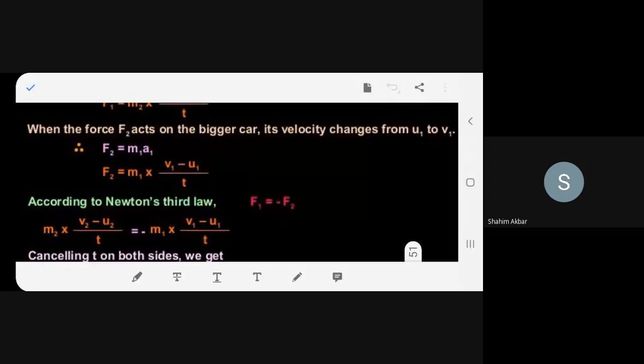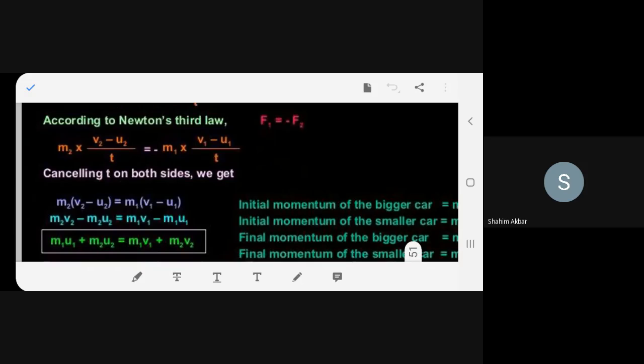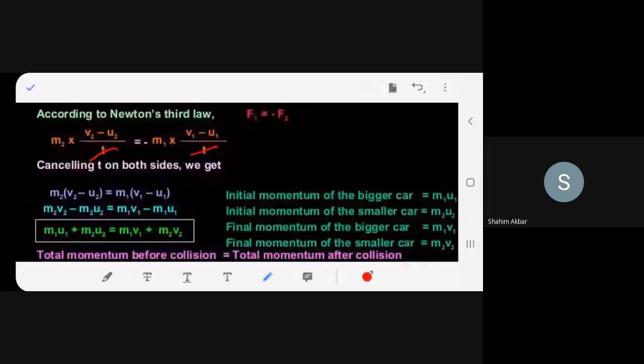They are equal, but in opposite direction, so it has to be with a minus sign. You just equate both of them. We find that m2 (v2 minus u2) upon t is equal to minus m1 (v1 minus u1) upon t. We can cancel this t, so m2 (v2 minus u2) is equal to minus m1 (v1 minus u1).